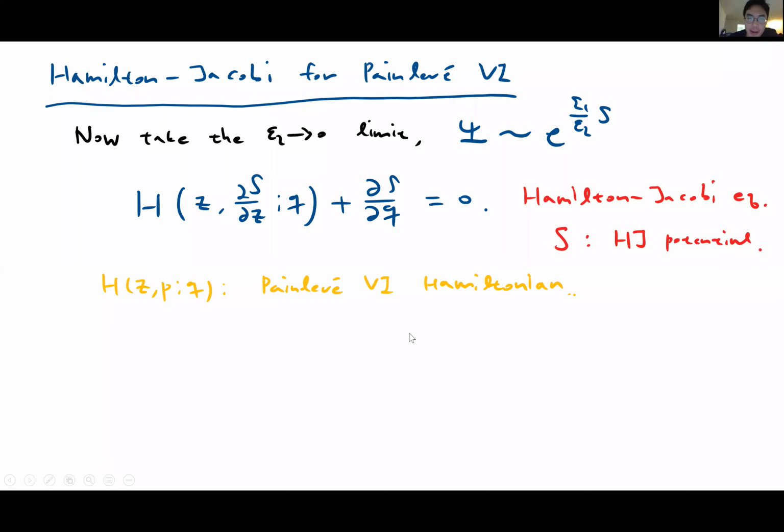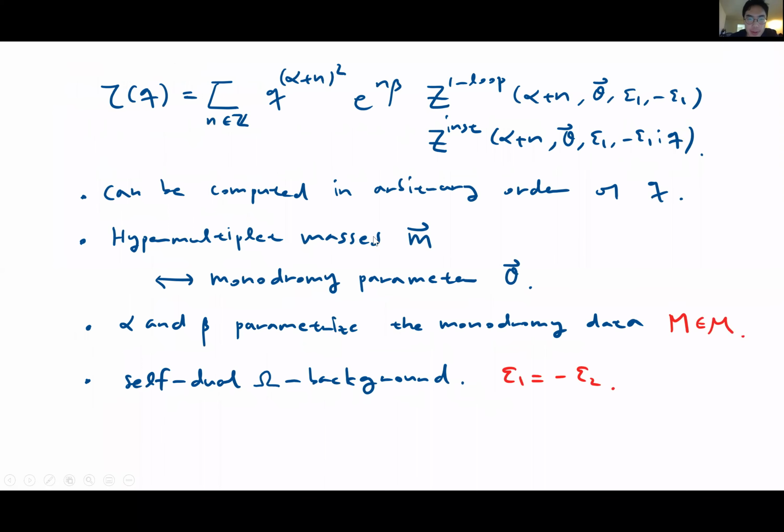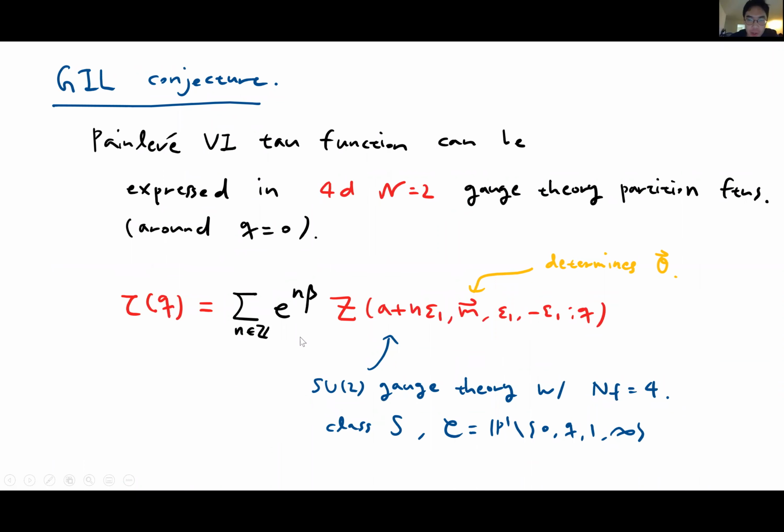So basically, I have told you two ways of connecting the Painlevé VI problem to the supersymmetric gauge theory. One way is the GIL conjecture. So let me go back a bit. The GIL conjecture tells you the supersymmetric gauge theory is connected to the Painlevé VI problem.